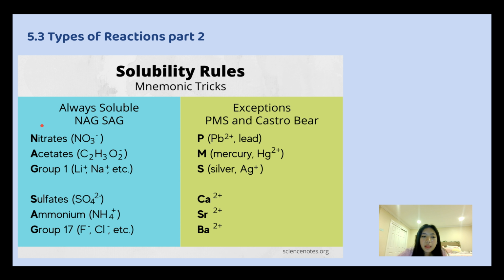NAG-SAG is a mnemonic that I like to use to determine what the soluble substance is. NAG-SAG refers to nitrates, acetates, group 1 metals, sulfates, ammonium, and group 17 gases. Exceptions would be if any of these things are bonded to lead, mercury, silver, calcium, strontium, and barium.